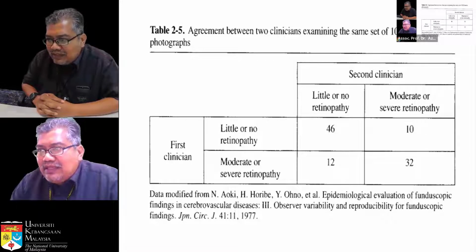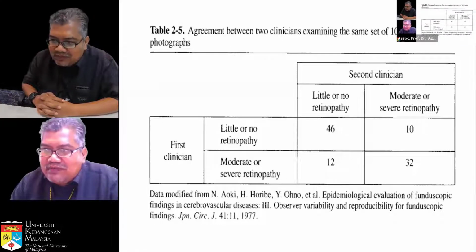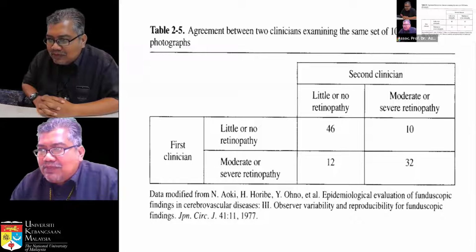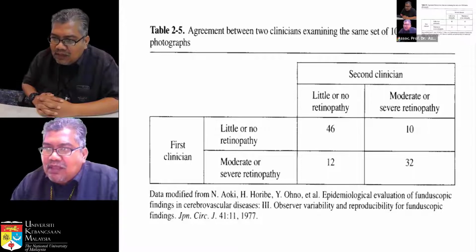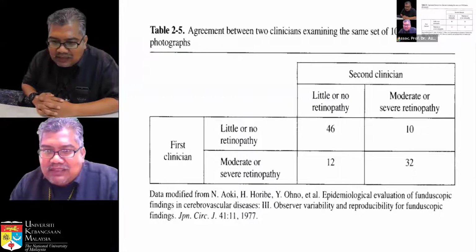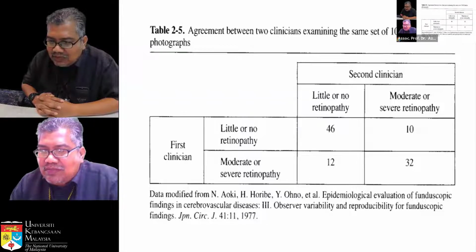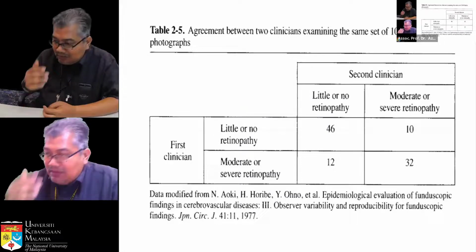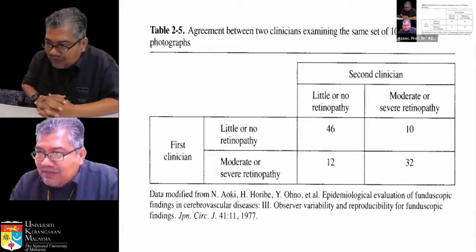They both look at 100 sets of fundus photographs and are asked to report whether there is little or no retinopathy or moderate or severe retinopathy. You will see that even between these two clinicians there will be problems of agreement, and this agreement is worse than the one before, with the person with himself.